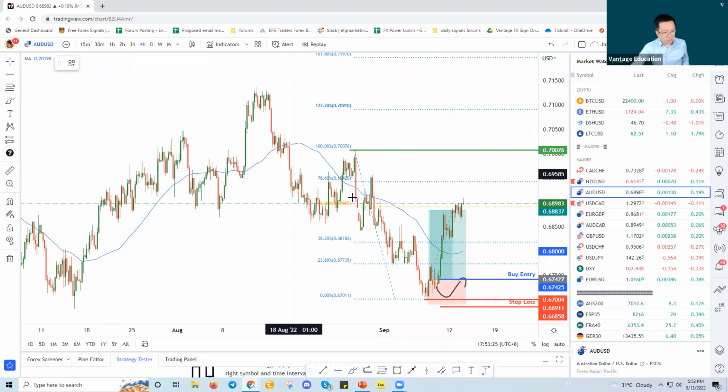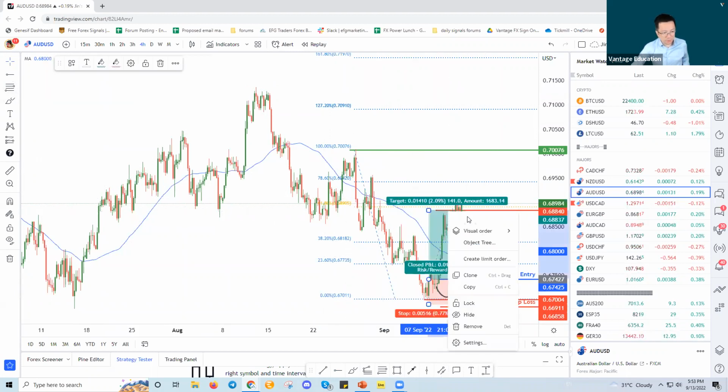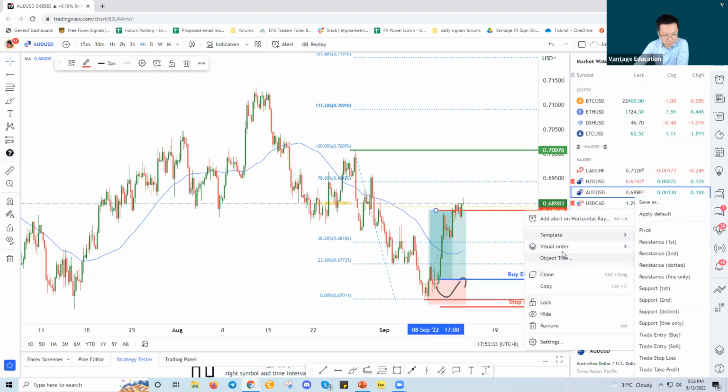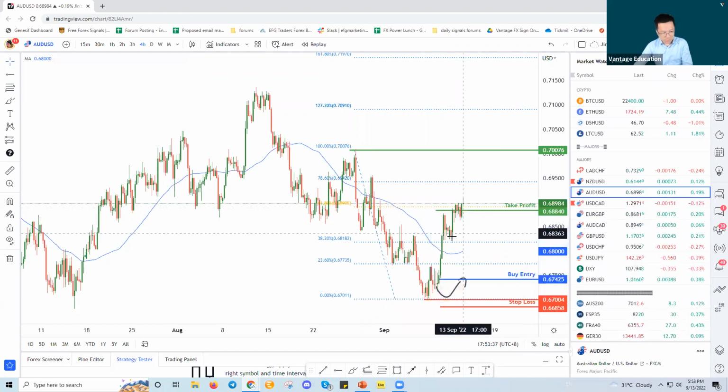Right, we had our take profit at this point here. I'll take this out just to clarify things. So with that, as price broke towards the upside, as it broke above that moving average, it comes towards our take profit level.